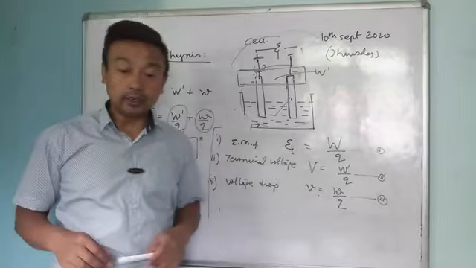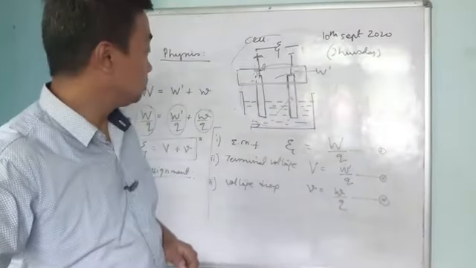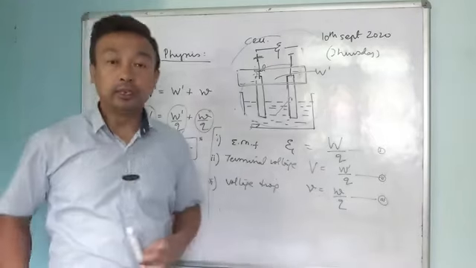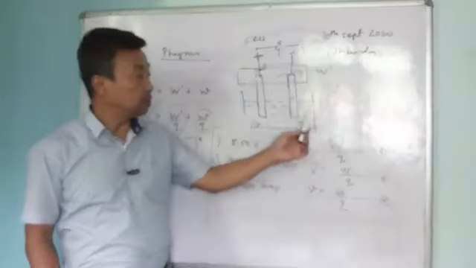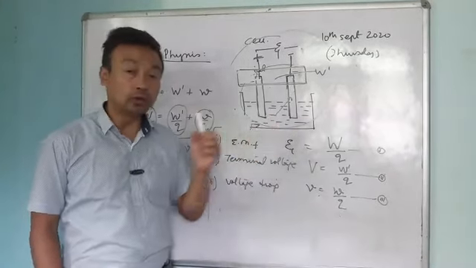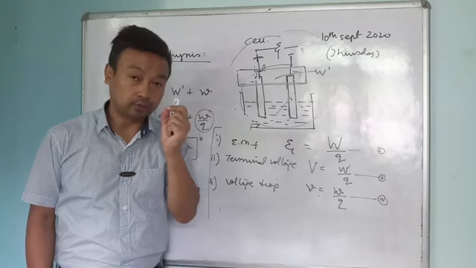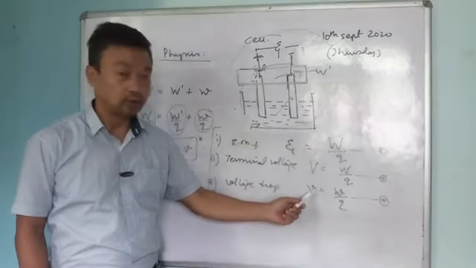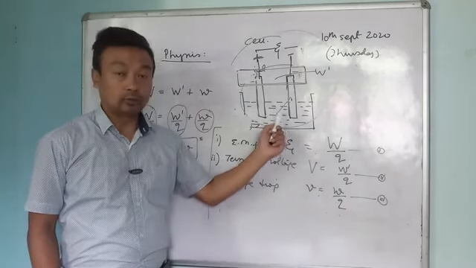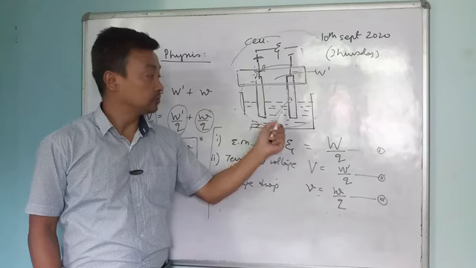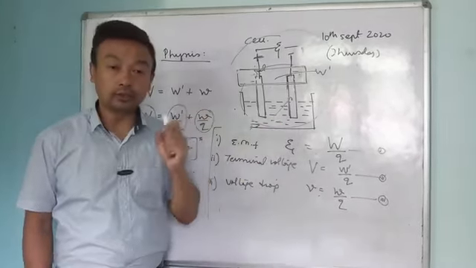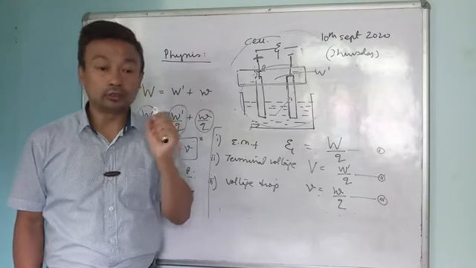Now in the next class I will be discussing the internal resistance of a cell, which is taking place through the electrolyte. In this electrolyte, what do you have? You have the voltage drop, small v. The resistance which is offered to the flow of the current by this electrolyte is called the internal resistance of a cell.